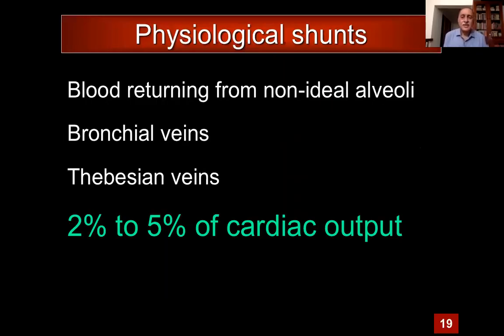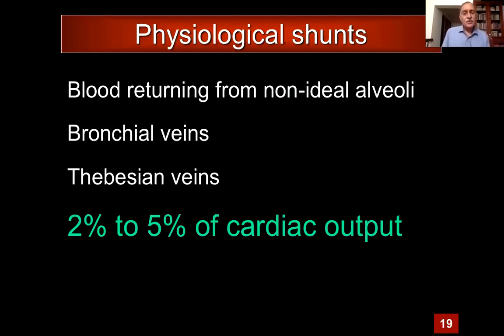And as a result of this mixture, there is something called a physiological shunt happening within the lung. Part of this is contributed by the blood returning from the non-ideal alveoli. Now, we also know that some of the bronchial veins directly empty into the left heart circulation, and the Thebesian veins from within the heart itself also drain deoxygenated blood into the left heart.